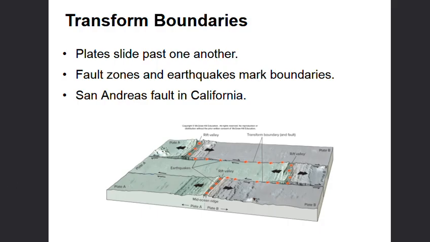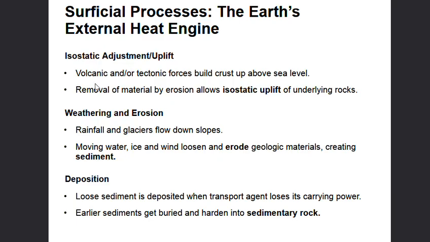On that next slide, you now have what we call superficial processes: the external heat engine. The internal heat engine gave us all of these features that we see on the surface, right? But it doesn't end there. The internal heat engine drives plate tectonics.